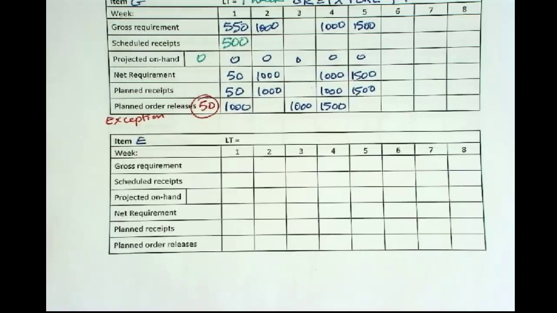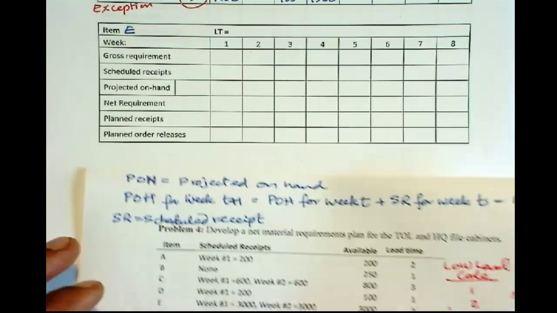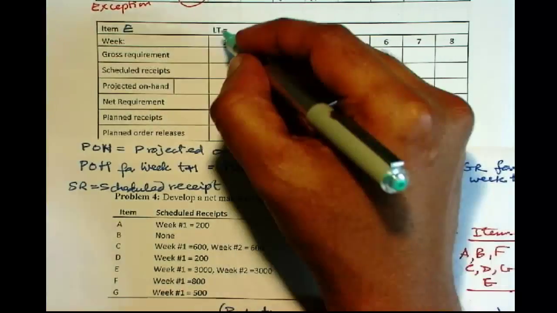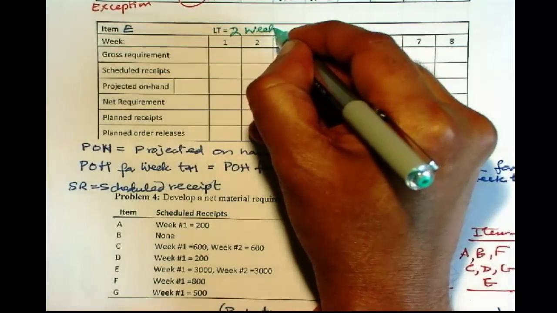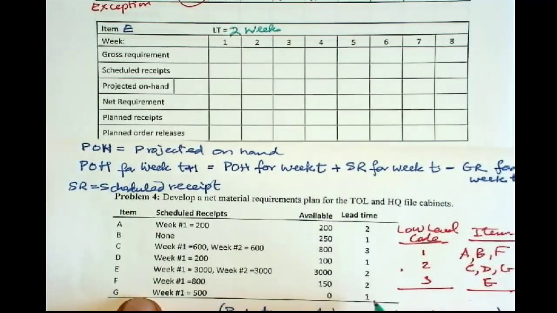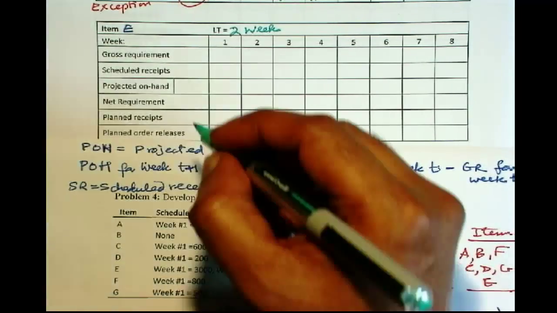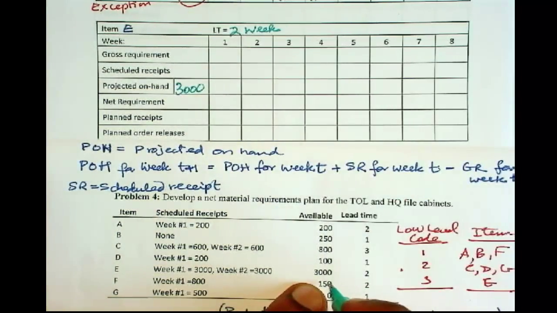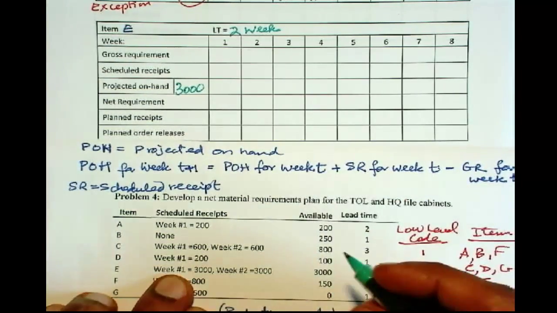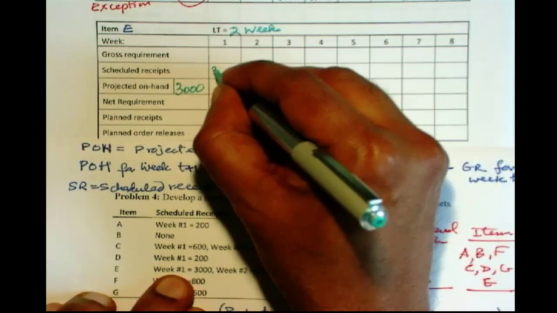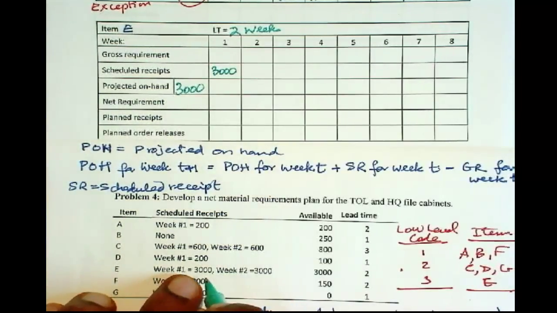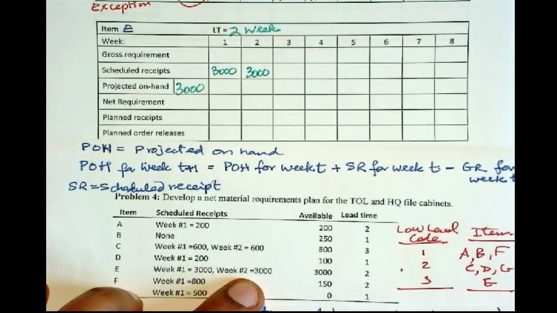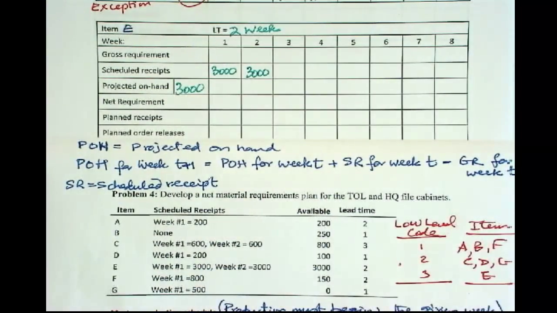And the available information for E is lead time is 2 weeks. We have 3,000 available on hand, and then we have 3,000 coming in week 1 and 3,000 coming in week 2.